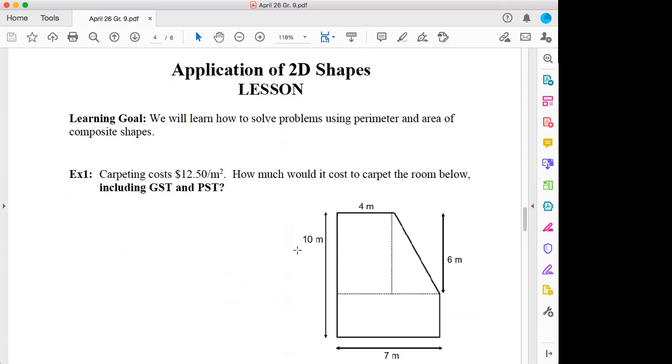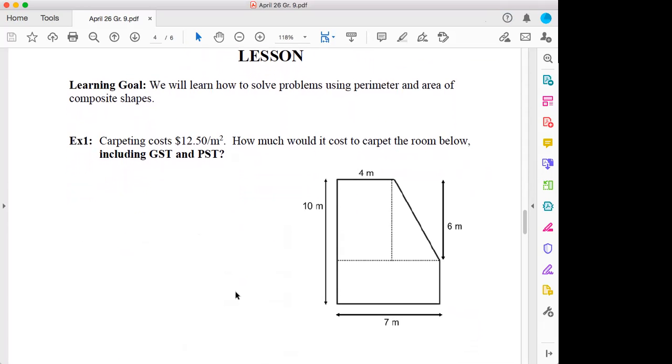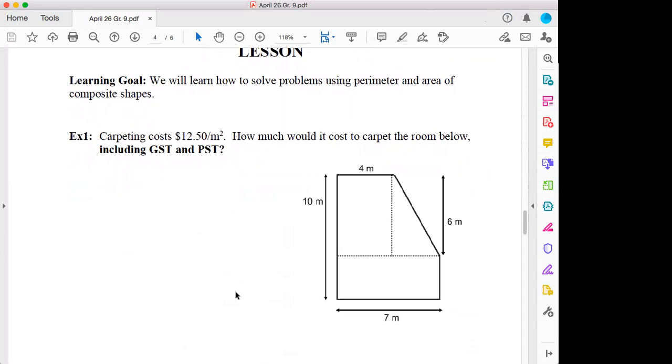So if we look at the application of 2D shapes, so our area and our perimeter for composite 2D shapes. So our first example says carpeting costs $12.50 a meter squared. How much would it cost to carpet the room below, including GST and PST?